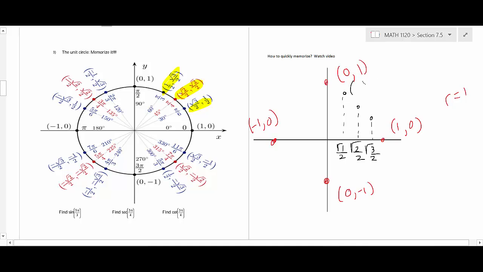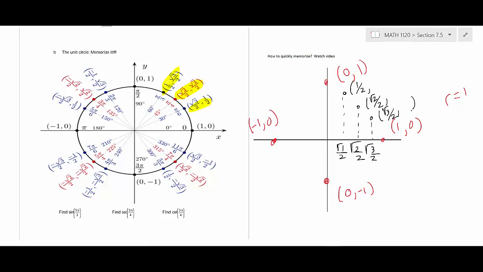So this would be 1/2, this would be square root of 2 over 2, and this one would be square root of 3 over 2. Does that make sense? That's just a little trick that helps you learn that fast. All you have to do is count 1, 2, 3, divide by 2, take the square root of the numerator, and then you've got it. That's the x value.